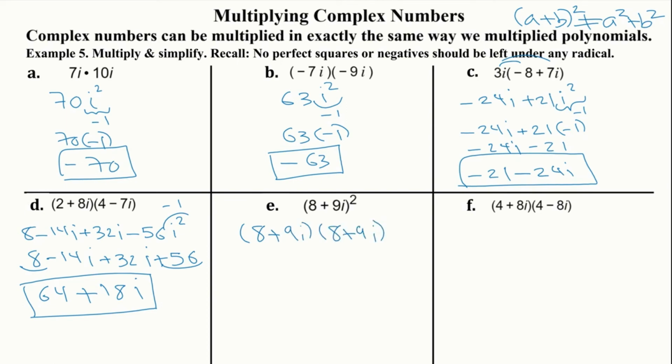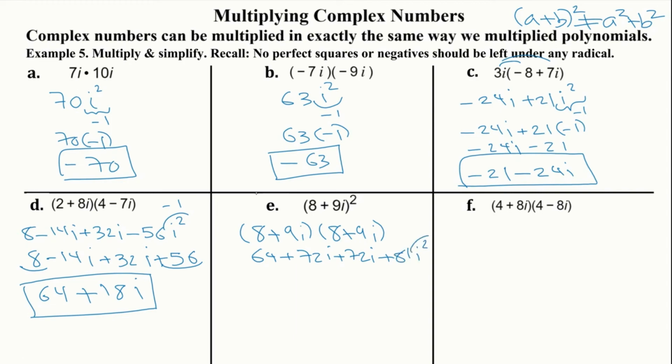So we end up with, distribute the 8, so you get 64 plus 72i. Plus, now we're going to distribute the 9i, so plus another 72i, plus 9i times 9i, that's going to be 81i squared.